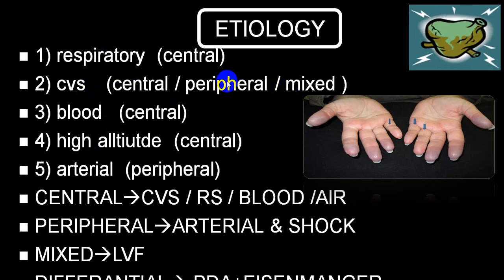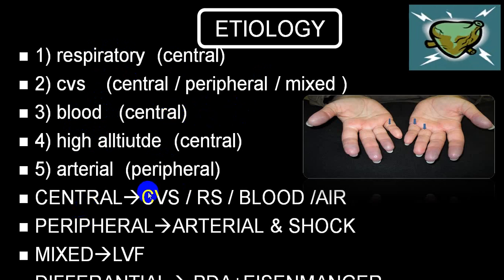Mixed variety will be produced mainly by two conditions: one, severe congestive heart failure, and second, polycythemia rubra vera. While respiratory, blood, and high altitude causes will be mainly central, in blood one exception, polycythemia rubra vera, can have central as well as mixed variety.